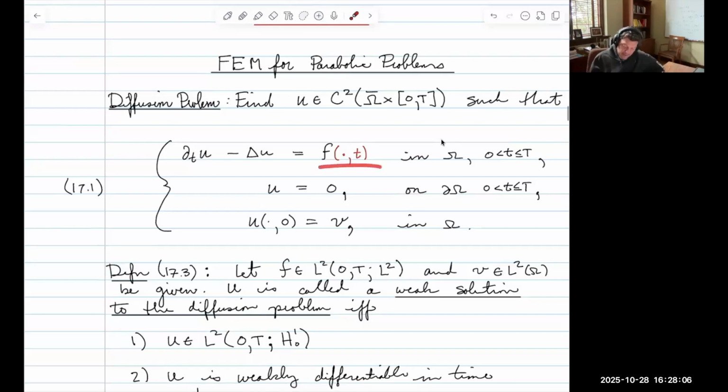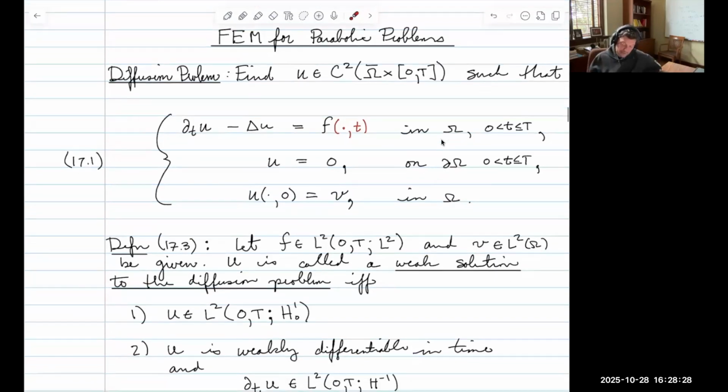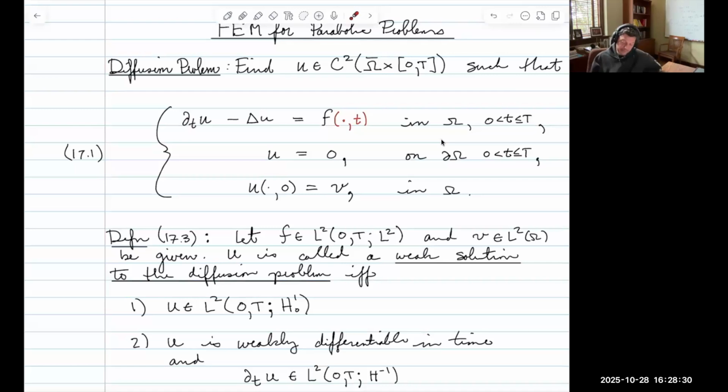This f is given information. So typically that's a continuous function, or at worst it could be a function from this function class L2, 0t, L2. We explained what this function class meant or looked like last time. V is typically just some L2 function, some initial data. And then if we want to express a weak form of the problem, how do we do that?